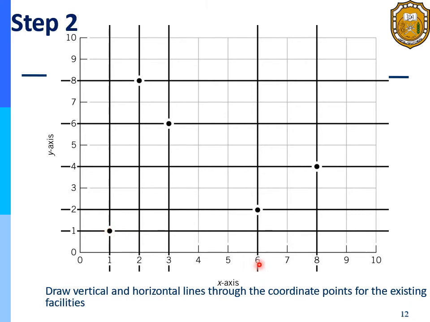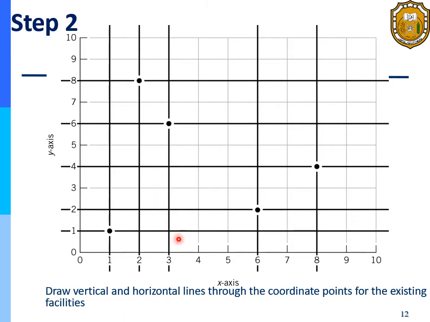The second facility was located at 6 and 2, so we are sketching horizontal and vertical lines. Just ignore these lines over here. There is no line passing through 4. It is a gray one. Only focus on the bold lines here. The bold lines are the ones that are passing through existing facilities. For example, this one passes through here and here. This one passes through here and here.